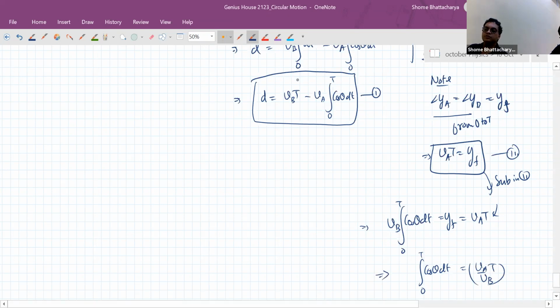Okay, and now substitute this back in the first equation. So it's like, you know, we've almost cheated the question without understanding anything about how theta is changing with respect to time, but just understanding that there is a relation for the integral of cos theta with respect to time.